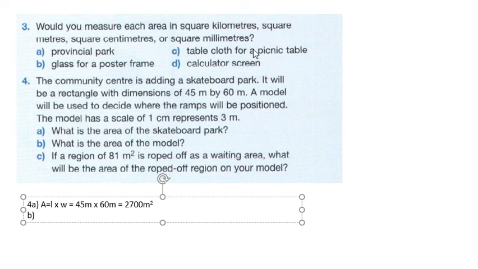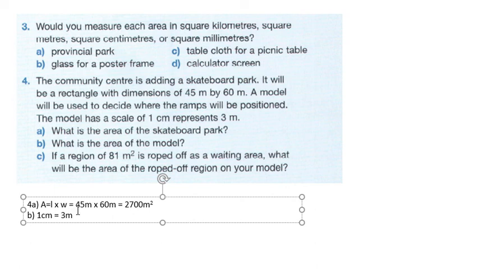And if we do B, B is asking, what is the area of the model? Not what is the area of the skateboard park, but the area of the model. And I'm just going to write down this information again. So 1 centimeter on the model is the equivalent of 3 meters in our actual skateboard park.